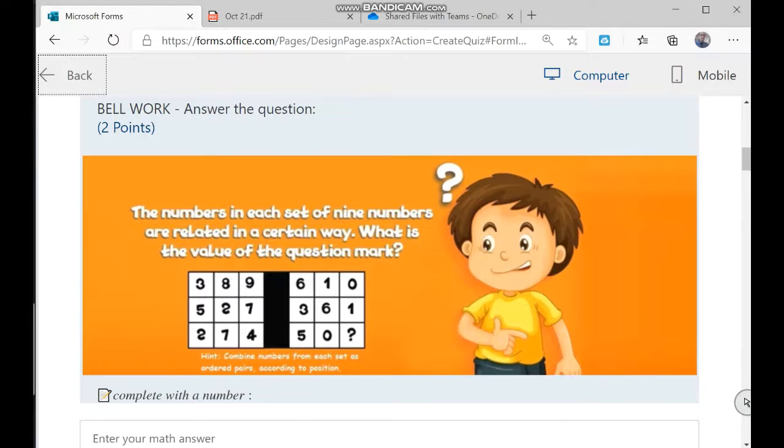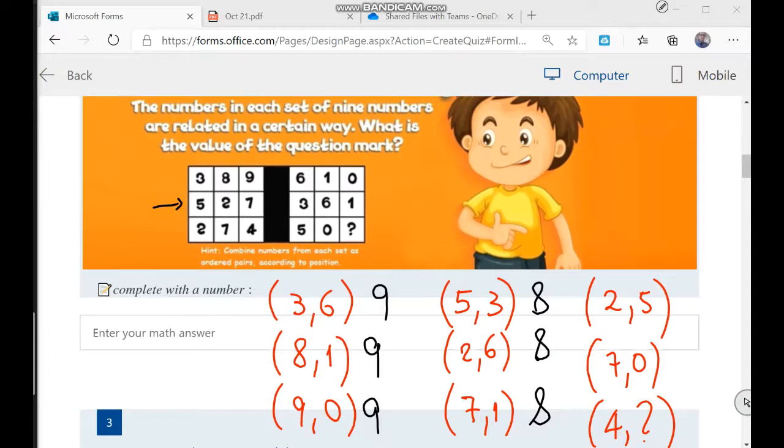Now type your answers. And let's check this next row. Adding 2 plus 5, 7, 7 plus 0, 7. And here I'm assuming, checking the pattern, it is going to be 7 as well, right? 4 plus question mark equals 7.